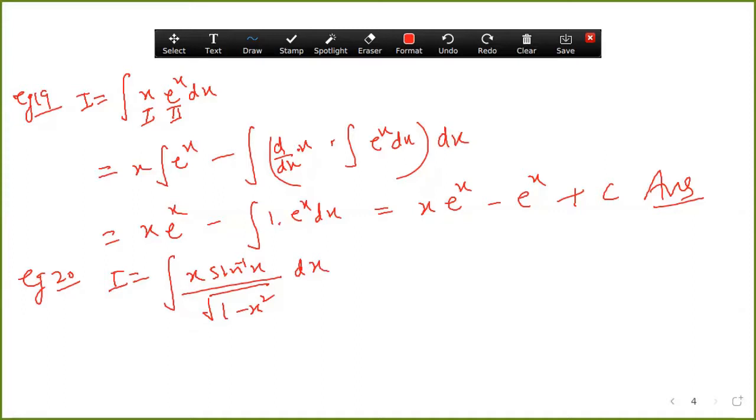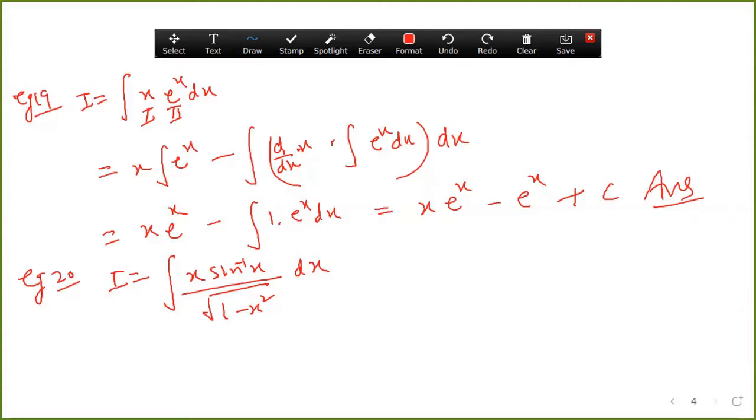Now take it. Second function is x dx upon root of 1 minus x square, and put t is equal to 1 minus x square and dt will be equal to minus 2x dx.